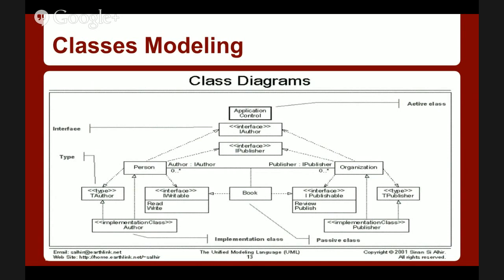With data modeling, you identify entity types, whereas with class modeling, you identify classes. Data attributes are assigned to entity types just as you would assign attributes and operations to classes. There are associations between entities, similar to the associations between classes, relationships, inheritance, composition, and aggregation, and all applicable concepts in data modeling.